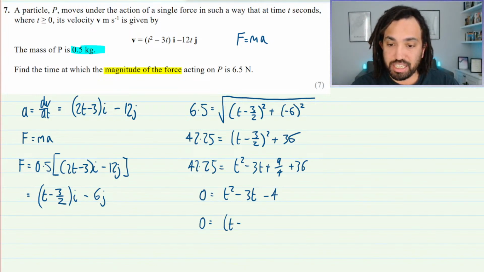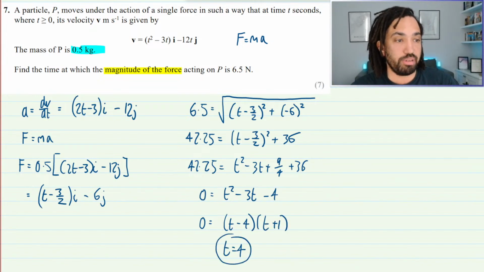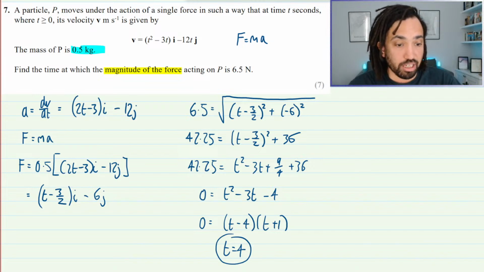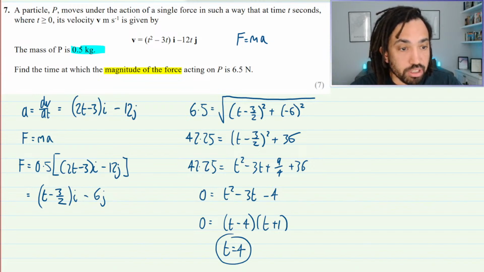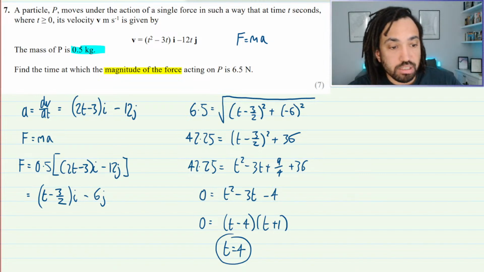That is t minus 4, t plus 1, and then we are good. That's got to be t equal to 4, because t can't be negative. We good with that, guys? That is a nice little standard question to get us started.